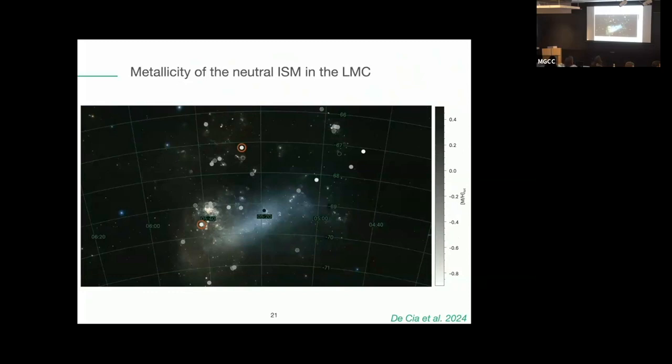Really nice talk. Kind of a similar question. I was wondering, that alpha over Fe offset that you see between the ISM and the stars, do you have enough young stars that you can subdivide the stellar sample and see if the difference gets smaller versus just the young stars? Or can you say anything about the timing of something like that? No, I don't know the ages nor the metallicities of the target stars.